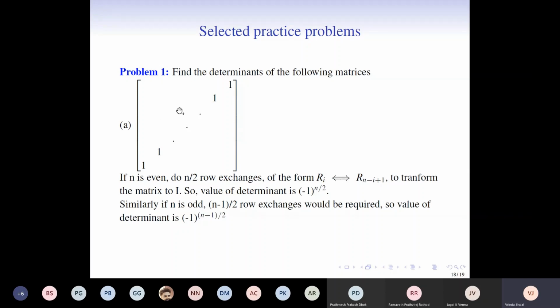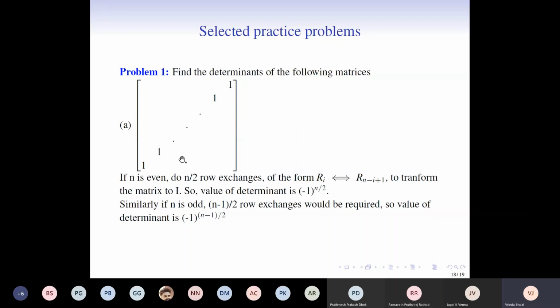Consider n equal to 3, so you exchange row 1 and row 3. You don't do anything to row 2. So one exchange is made and the second row remains as such. Similarly, when n equal to 5, row 1 and row 5 are exchanged, row 2 and row 4 are exchanged, and nothing happens to row 3.